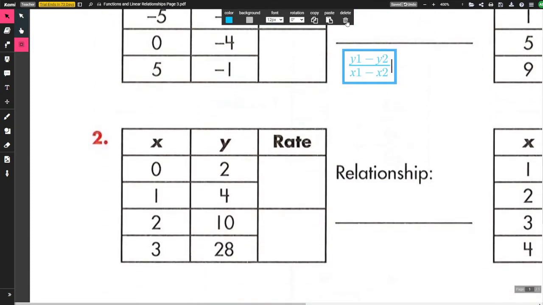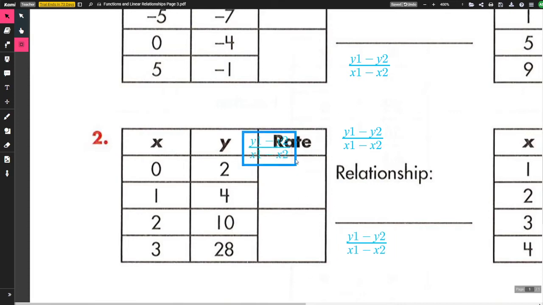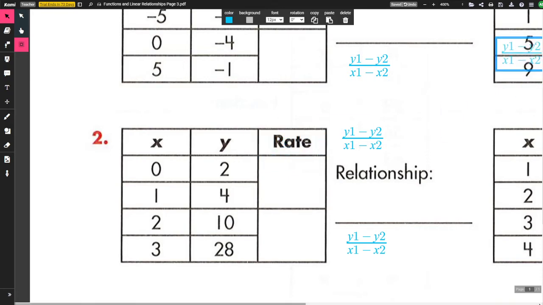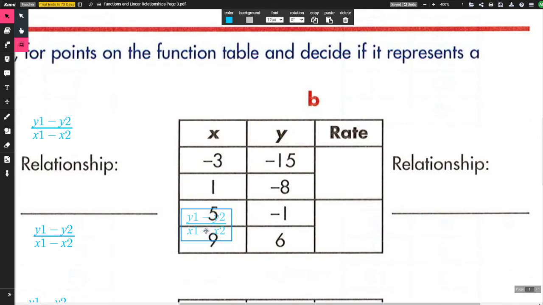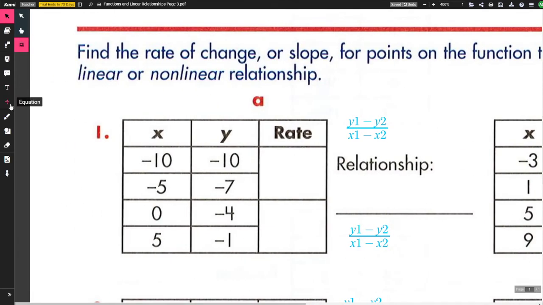I'm going to need another one, so copy, paste, right there, paste, right here, paste, move it over there. So we're going to be doing these 3 together. Copy, paste. And there we go. So I have all my formulas ready. So let's go back to the equation tool and it should allow me to write in every single one.